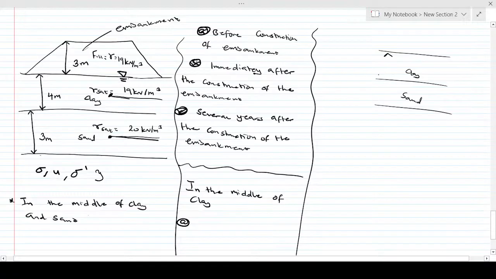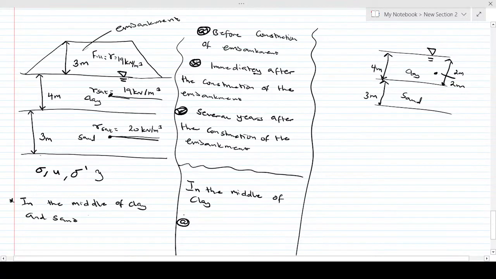So from here to here is simply going to be 4 meters. From here to here is simply going to be 3 meters, if that's before construction of the embankment. If you are finding this in the middle of the clay layer, we have a distance of 2 meters here, 2 meters here. Then we have our water table present here this way.